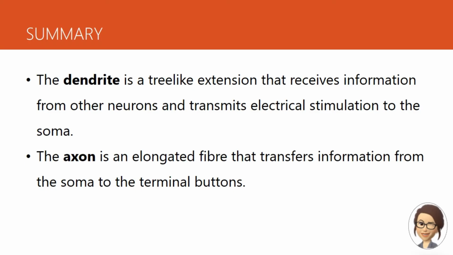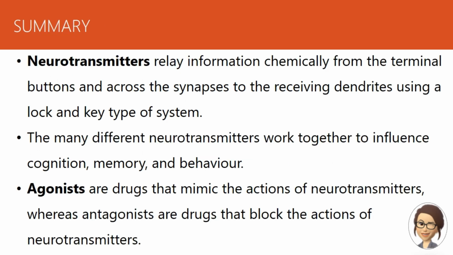Then the axon. It is an elongated fiber that transfers information from the soma to the terminal button. Neurotransmitters relay information chemically from the terminal buttons and across the synapses to the receiving dendrites using a lock and key type of system.